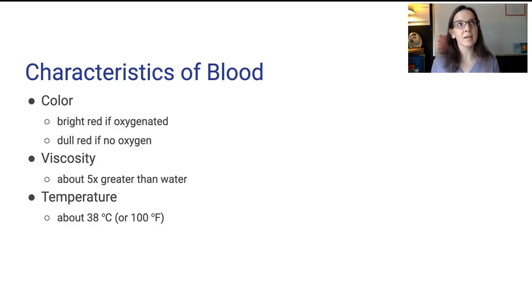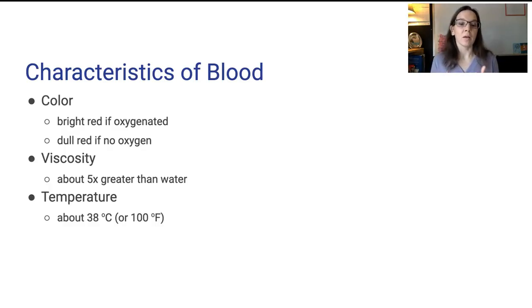Viscosity. Viscosity is a measure of how well something flows. So think about the difference between water, maple syrup, and honey. Water has a viscosity of 1, and then as it gets thicker and does not flow as easily, we get a higher number.